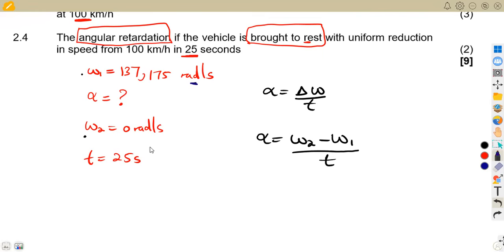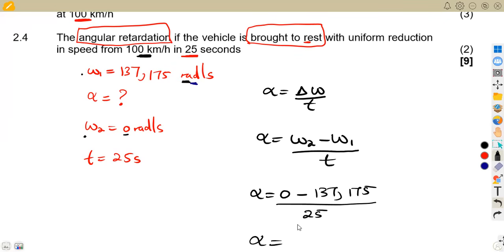You substitute omega 2, the final, 0, minus omega 1, 137.175, over the time, 25.